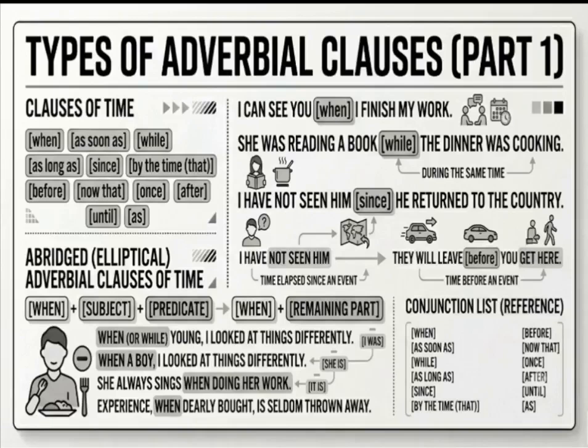Look at this sentence. When young, I looked at things differently. What is missing there? The words I was. The full sentence is when I was young, yes. But native speakers drop the subject and the to be verb to sound more concise.